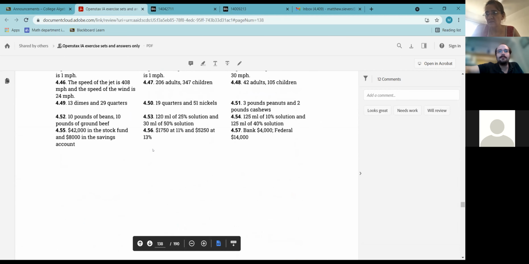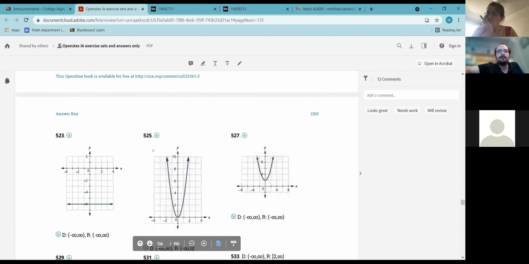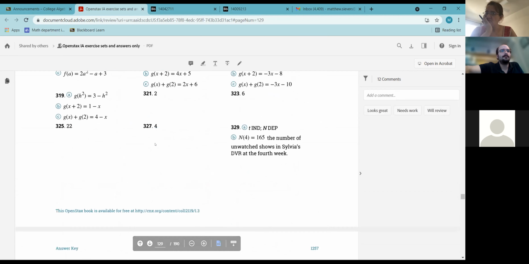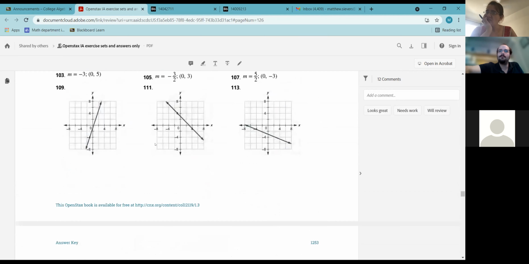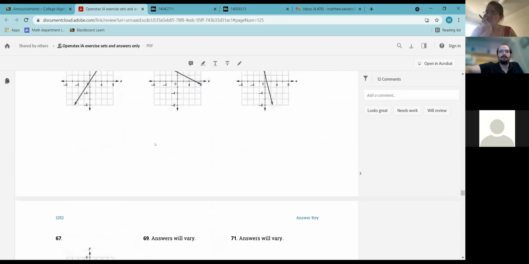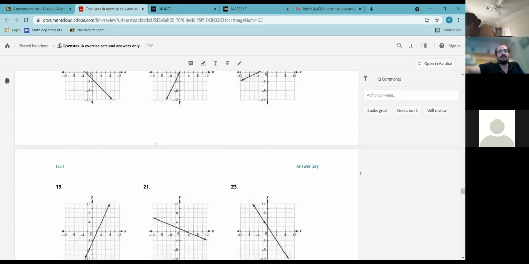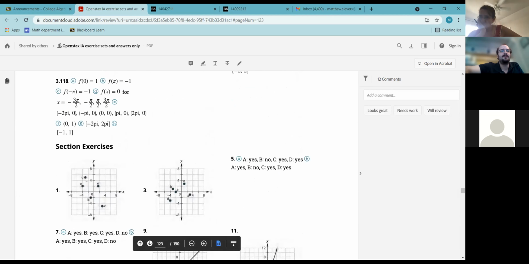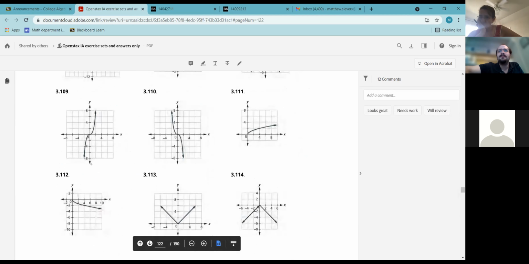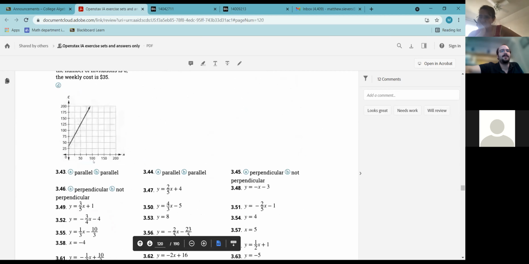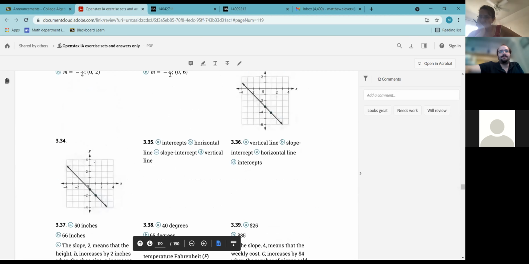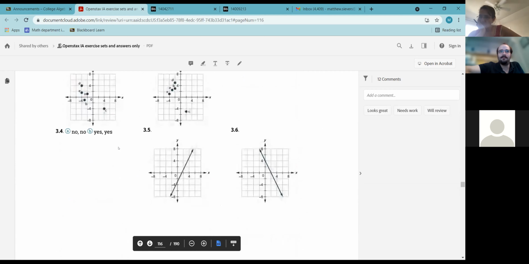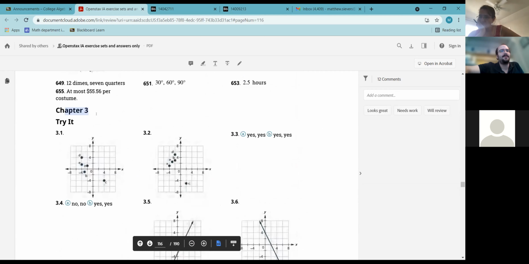Would it appear the same in the answer key, like the exercises that we did today, like 155, 161, 163? Yeah, they should come up in here somewhere. It's not the section exercises, I don't think, although I could be wrong. This looks like chapter 3 stuff. This is chapter 3.